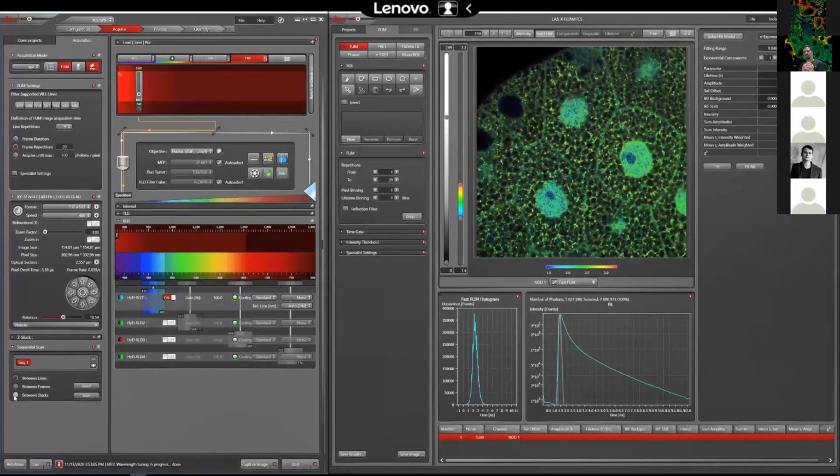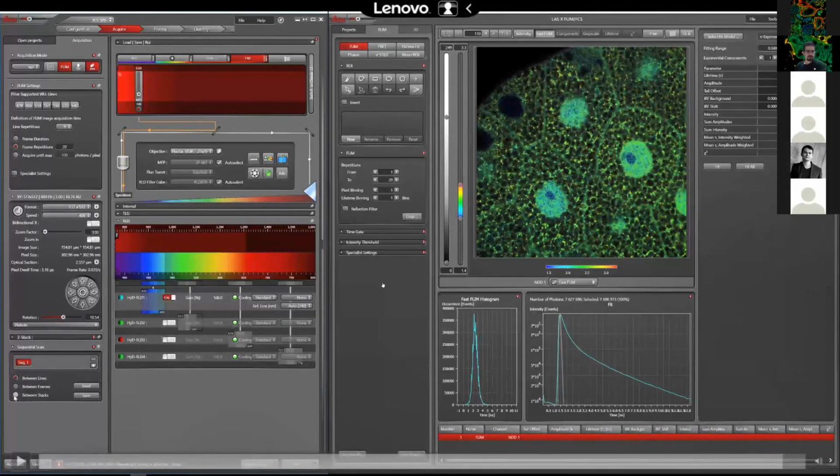So there is a discussion between the number of the pulses, the pixel dwell time, and how you're counting the photons. If you are interested, we are going to share this information with you as well, with this data.